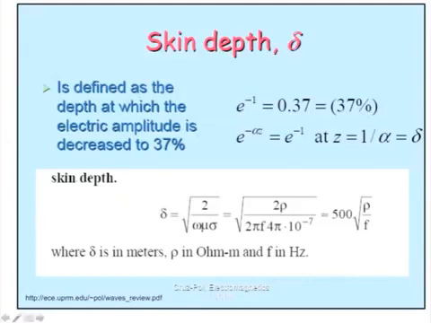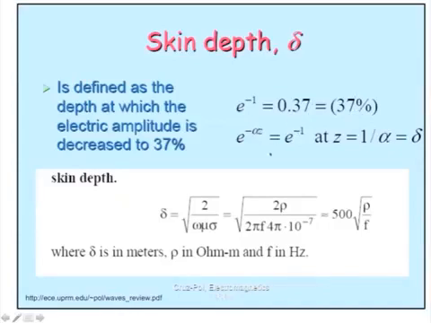Skin depth is defined as the depth below the surface, with the air or the vacuum, at which the electric amplitude is decreased to 37% of what it was right at the surface. It's basically 1/e of the original amplitude. 1/e is 0.37, about 37%.